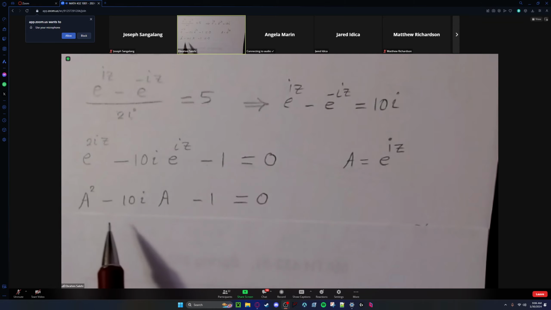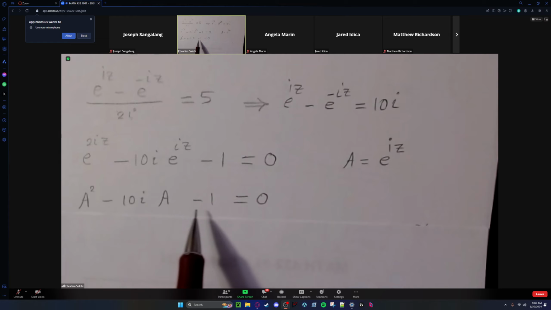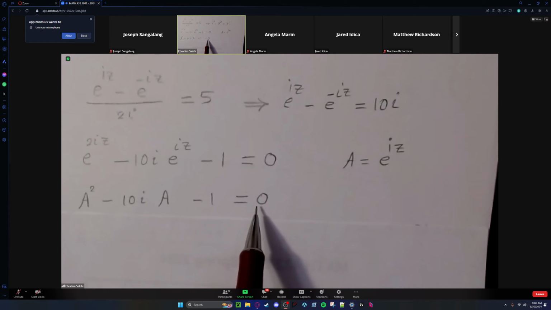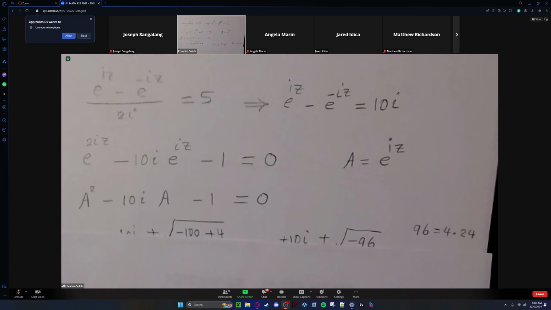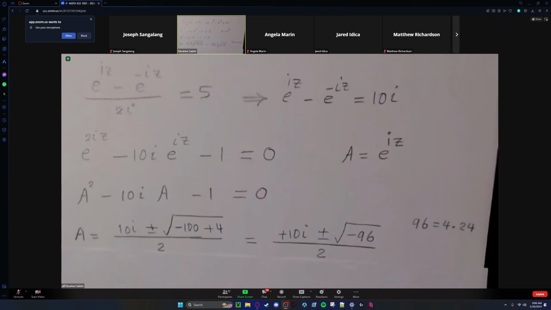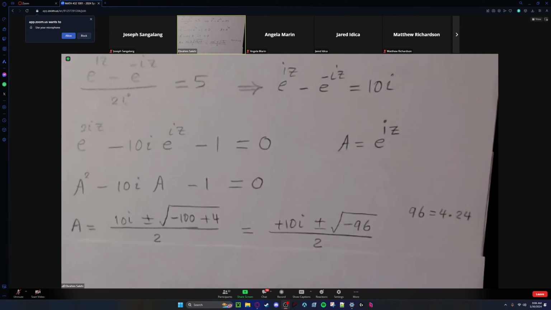This is actually giving us a quadratic equation. Can we solve this quadratic equation? Sure. Let's go ahead and use the quadratic formula. By the way, the quadratic formula works here as well. Negative b plus or minus the square root of b squared minus 4ac, divided by 2a. Using the quadratic formula, you get this one.